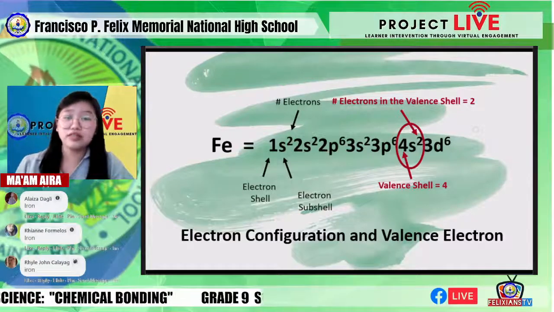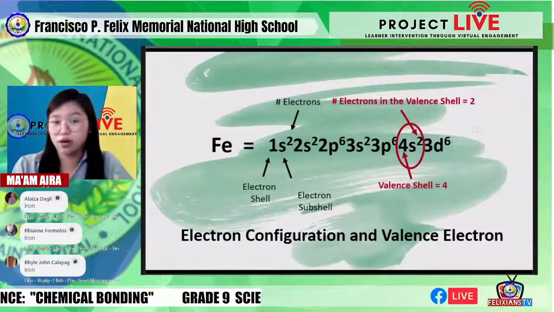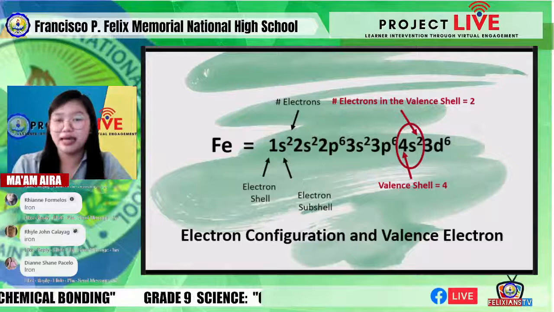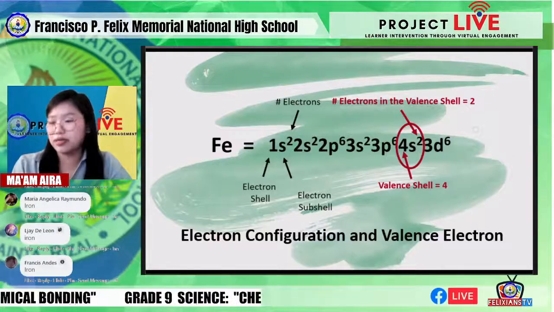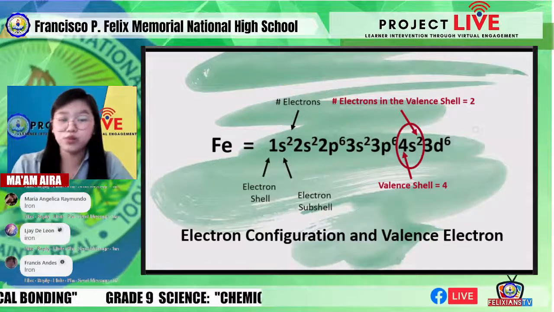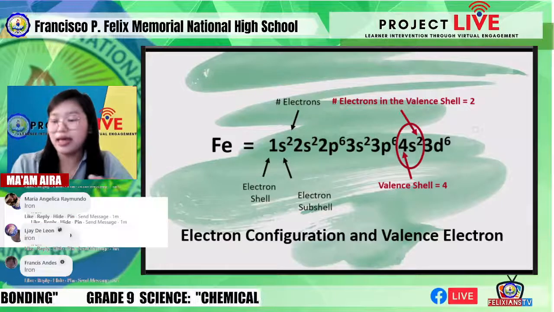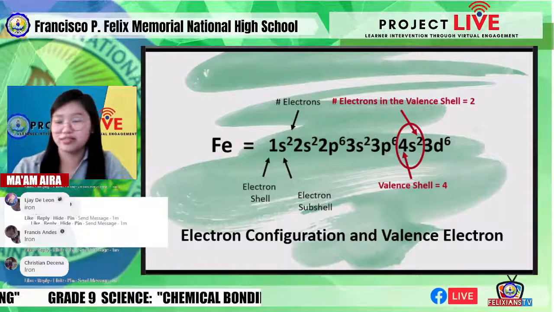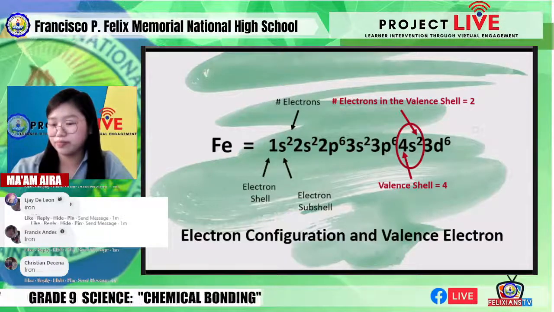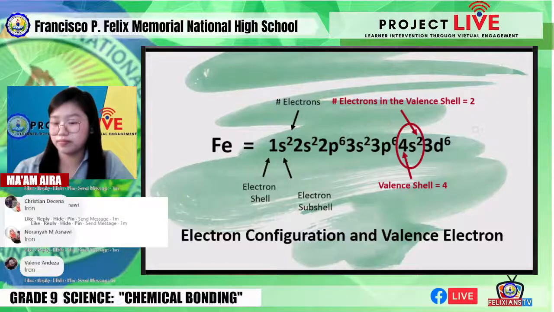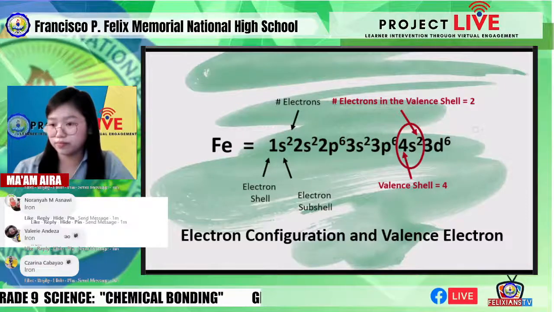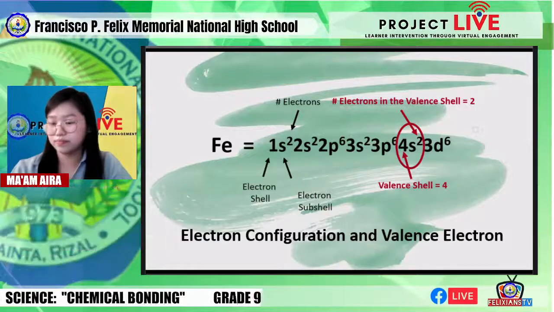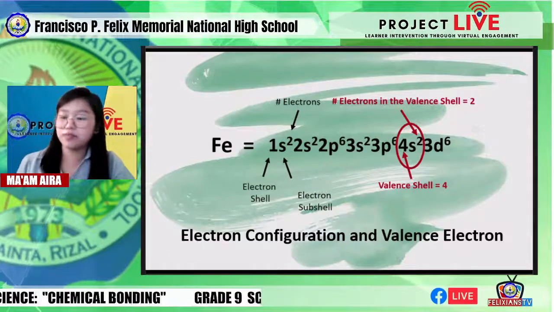Now, the first thing that we need to do in solving or in answering electron configuration is to identify its atomic number. Now, grade 9, I want you to look at your periodic table and determine what is the atomic number of iron. So there are comments below.